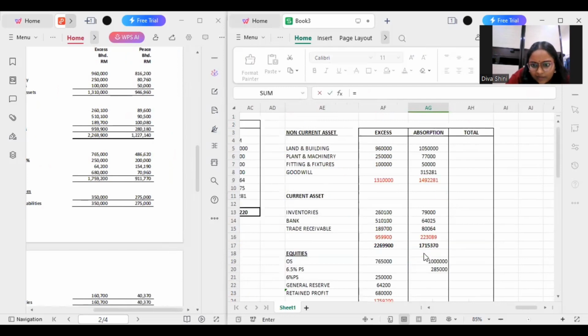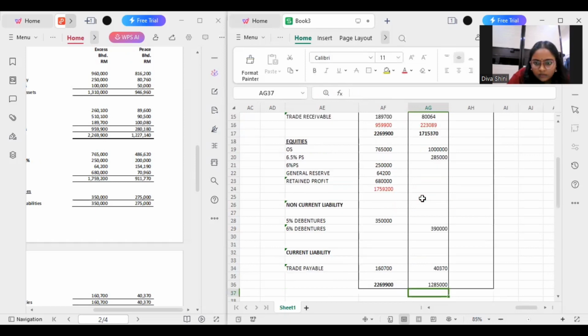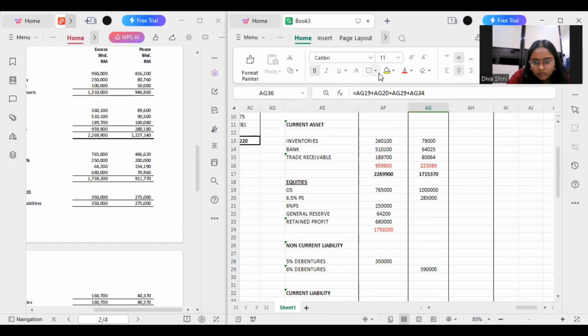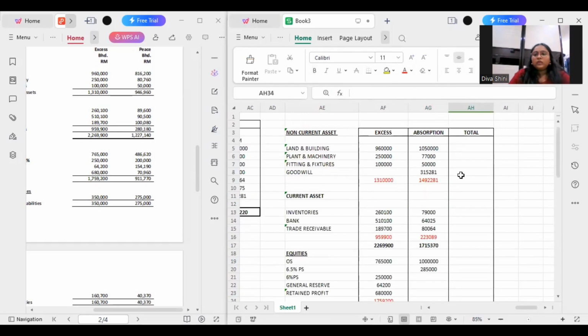And now we need to calculate this all amount. Okay. So SOFP had been tally. For the total amount, we need to plus the excess and absorption.